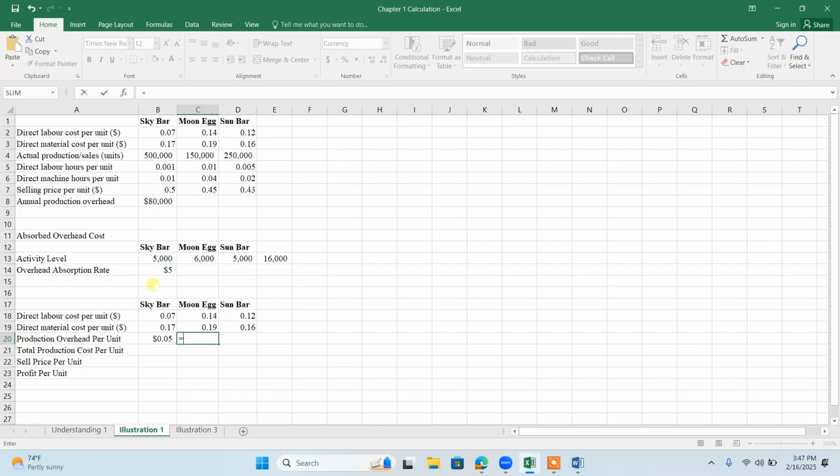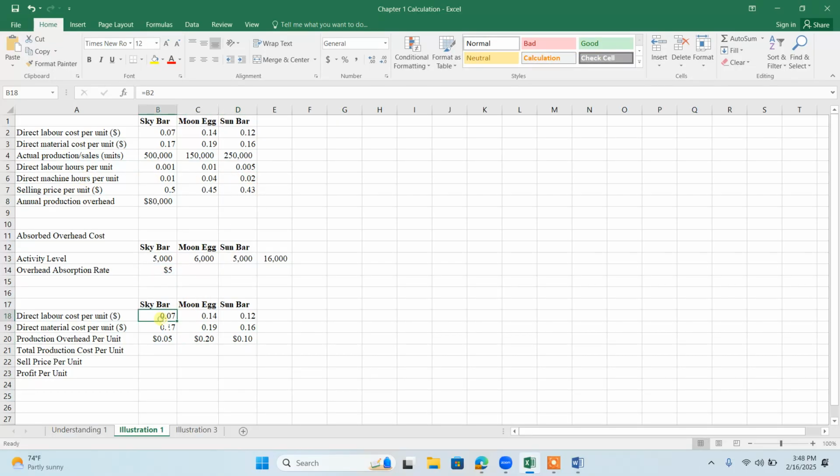For the second one, for 1 hour the charge is $5, and how many hours are required for 1 unit on the machine? 0.04. Similarly, this is the overhead absorption rate for 1 hour, and how many machine hours does the Sun bar take for 1 unit? 0.02.